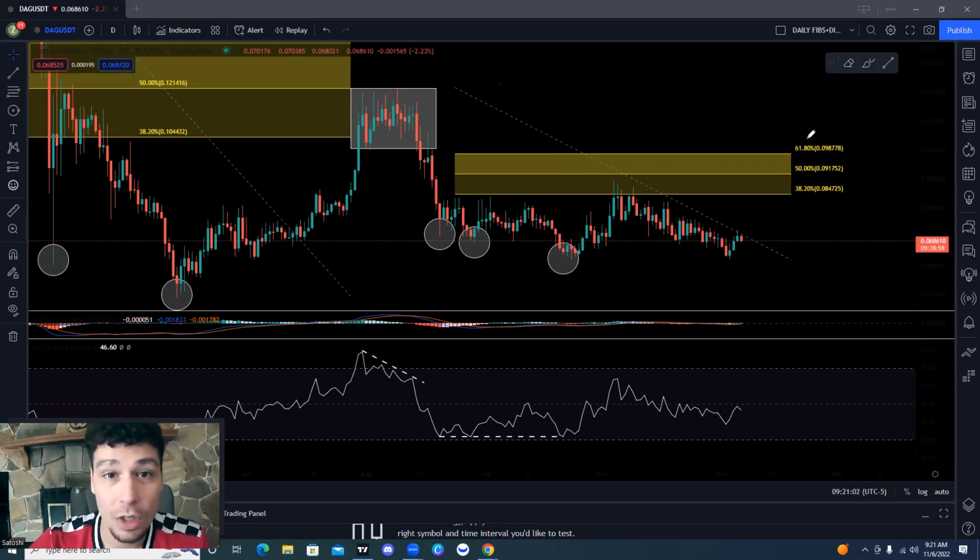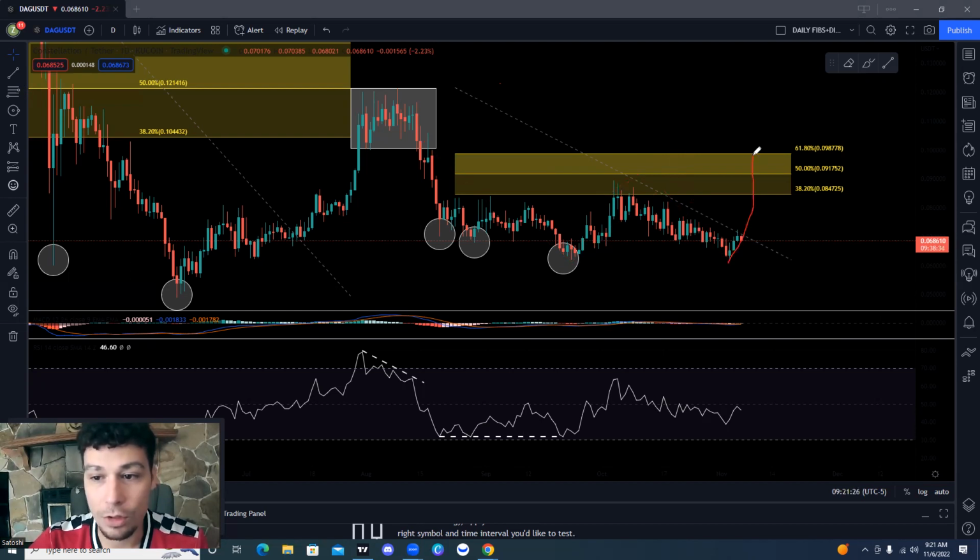So what you want to do is think like an algo, and use some of the numbers and formulas that algos are going to use. We can see already that we did reject at our retracement levels and we're continuing the downtrend. So in order for us to break this downtrend, we need to break through these retracement levels.